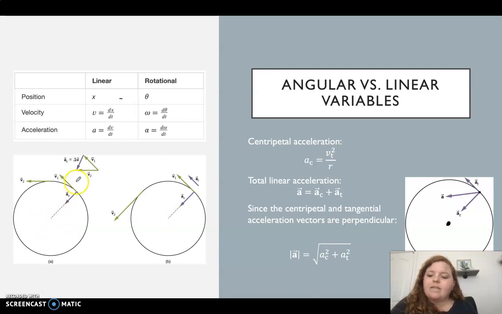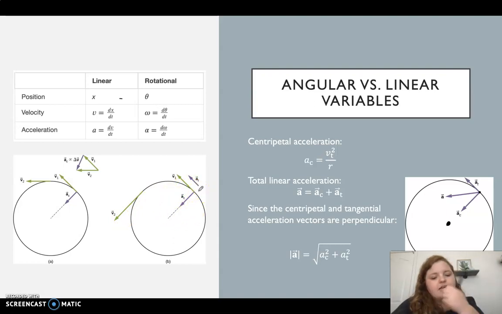We have two different velocities, and as it moves along, or in a different situation where we're applying a tangential acceleration, then we have another velocity. We have two different velocities, and our centripetal acceleration stays the same.